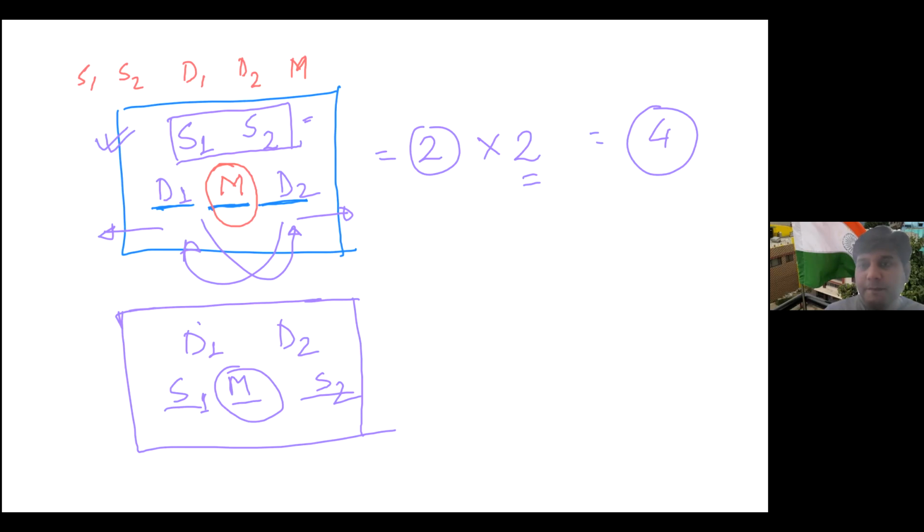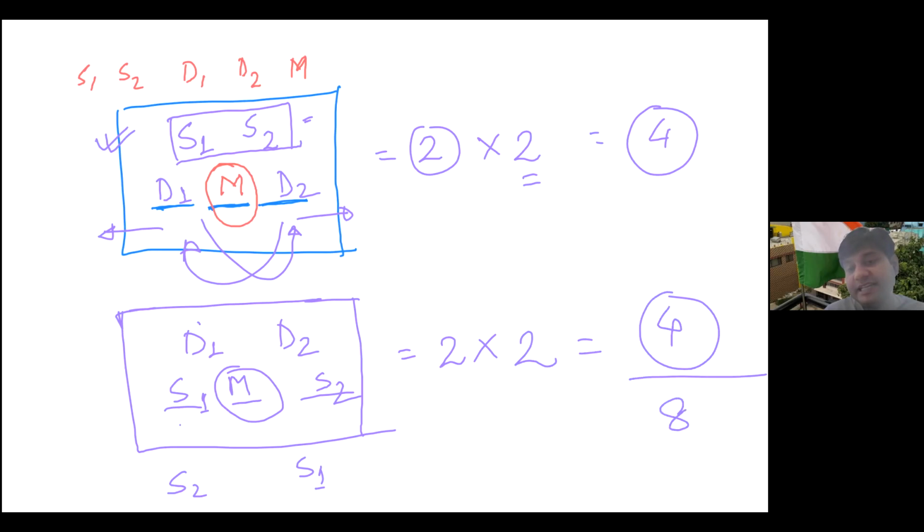In how many ways can the daughters-in-law be standing at the back? 2 ways. And in how many ways can the sons be sitting in the front? 2 seats, 2 people: S1 S2 is one way, and S2 S1 is another way. So 2 into 2, 4.